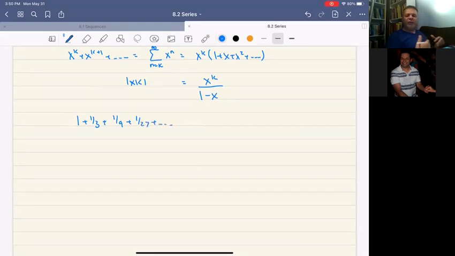So this is 1 over 3 to the k. Okay, so our x is 1/3. So this is going to be 1 over 1 minus 1/3, 1 over 2/3, that's 3/2.